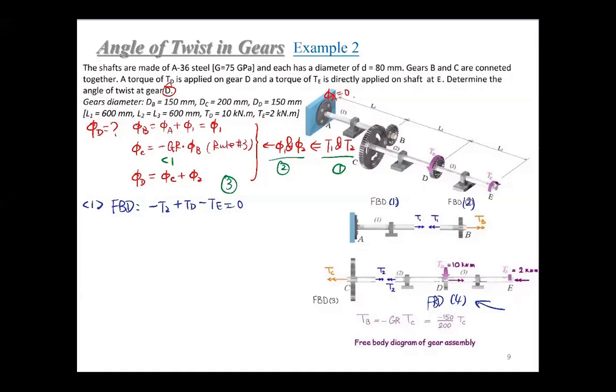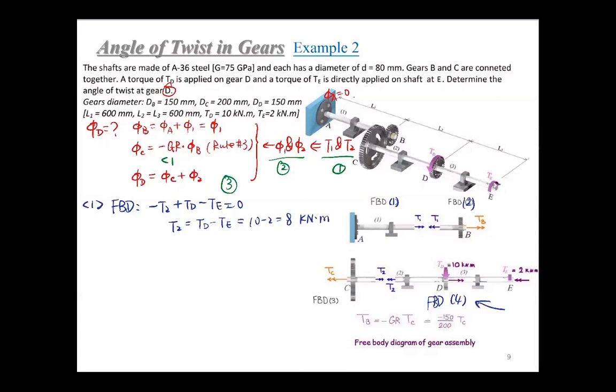From here, T2 equals TD minus TE. TD is 10, TE is 2. 10 minus 2 will be 8 kilonewton meter.